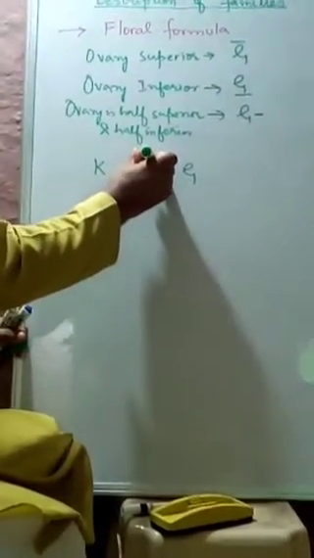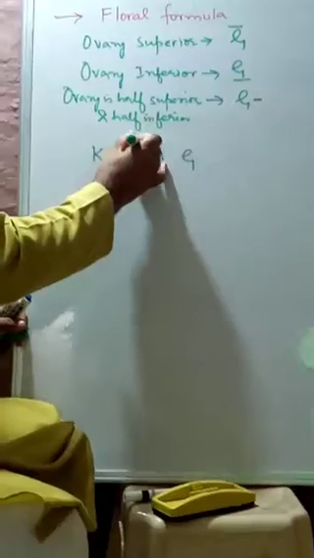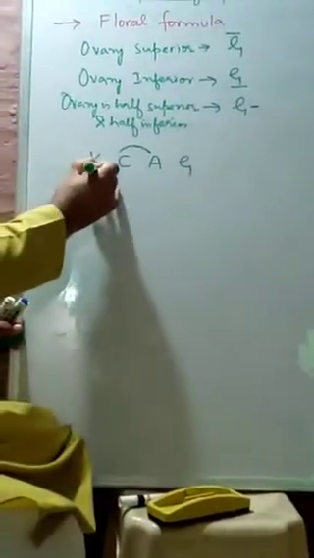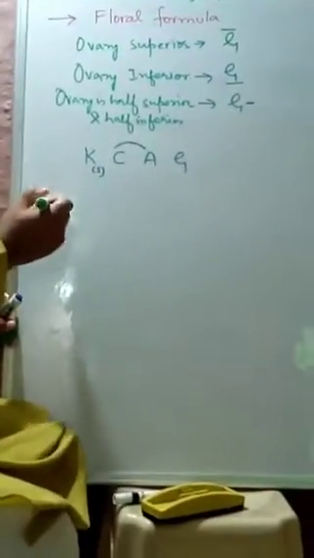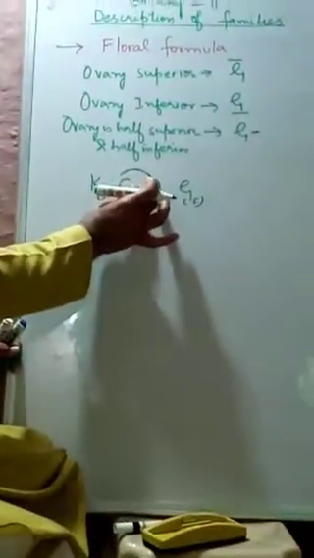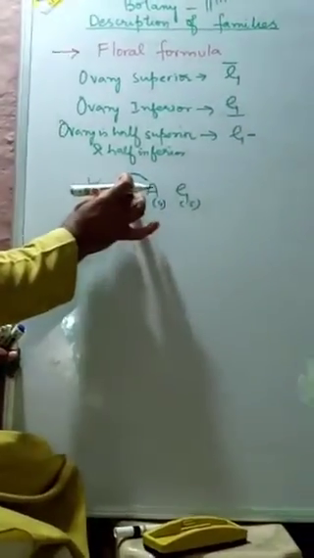When these are fused, then we draw this. That means the calyx, they are fused, corolla, they are fused, androecium, they are 4 fused, gynoecium, they are 5 fused, and these two are fused. That means androecium and corolla are fused. We draw this bracket.